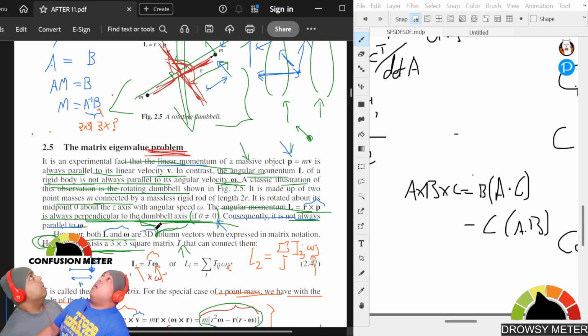L and omega are 3D column vectors. L equal R cross P.